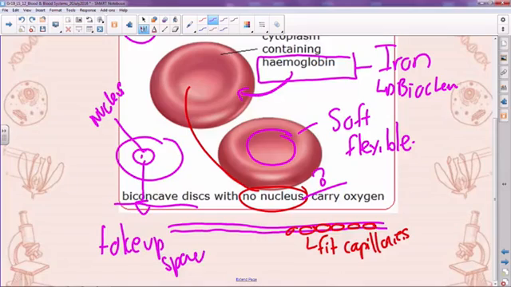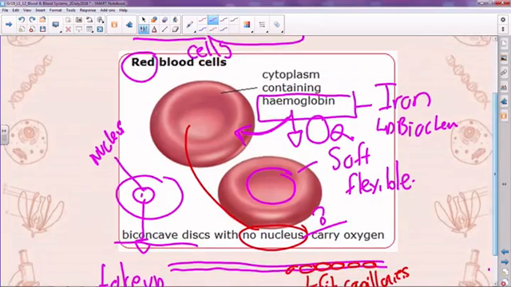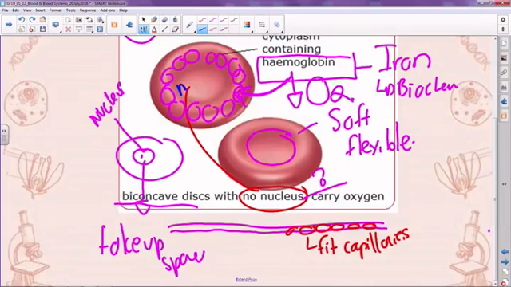Because this hemoglobin is going to pick up oxygen. The hemoglobin binds with oxygen. So the more hemoglobin I can put in my cell, the more oxygen I can pick up.